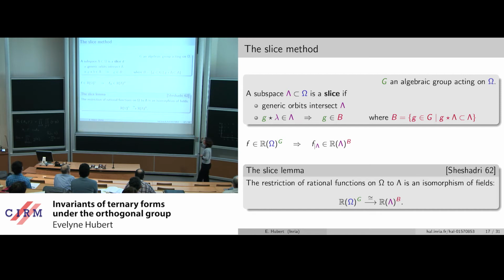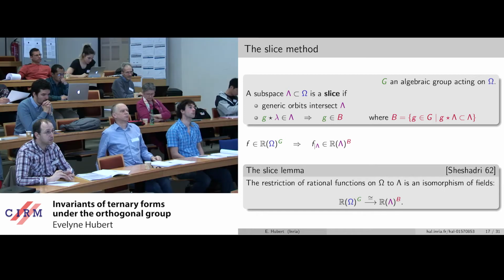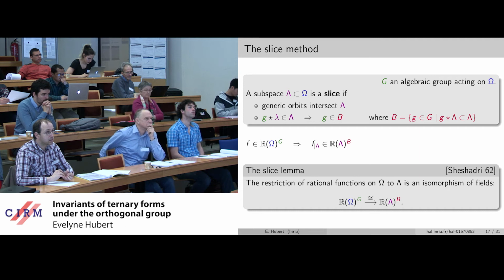So a slice is defined for a subgroup B that leaves this slice invariant, and really it's the only thing that leaves any points of this thing invariant.